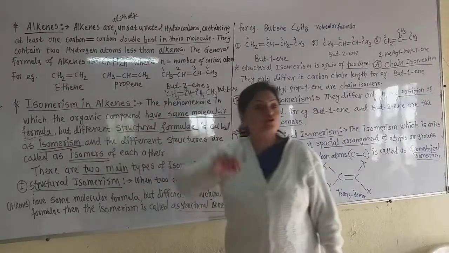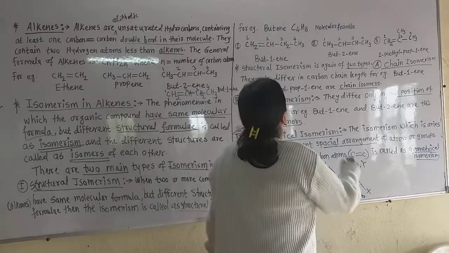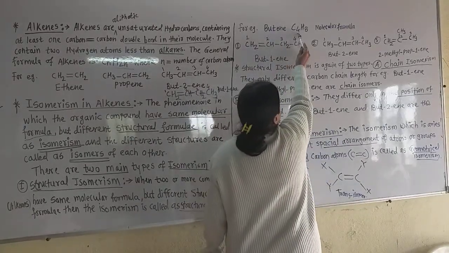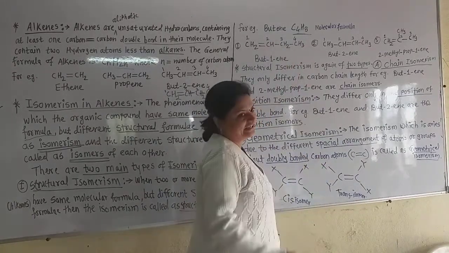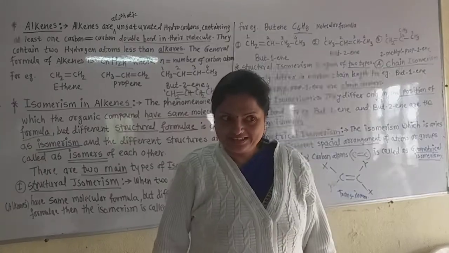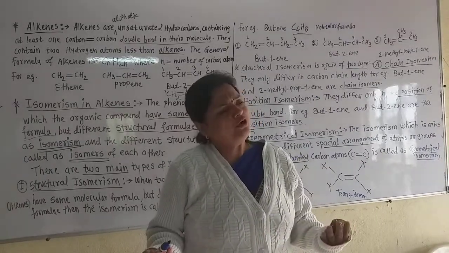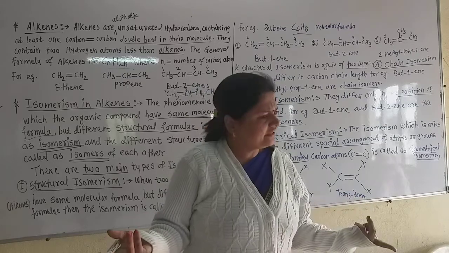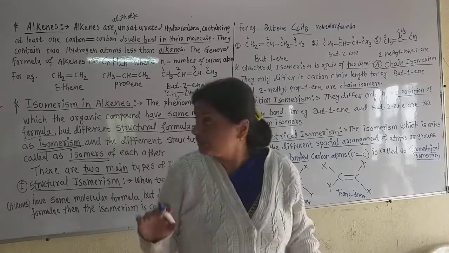See here, same molecular formula. For example, I write here butene having molecular formula C4H8. You know that. Now butene has the molecular formula C4H8. That is the same molecular formula.